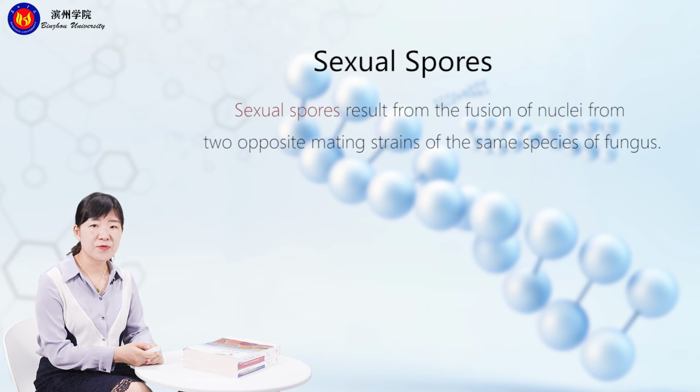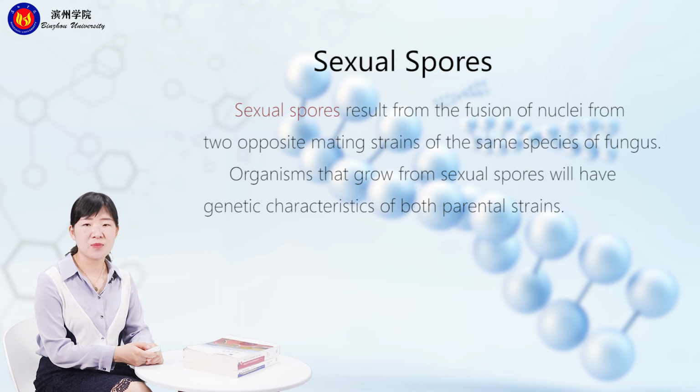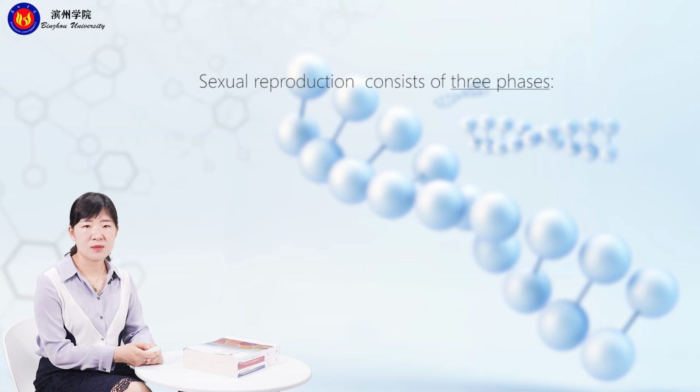Sexual spores result from the fusion of nuclei from two opposite mating strains of the same species of fungus. Organisms that grow from sexual spores will have genetic characteristics of both parental strains. Let's see the steps.